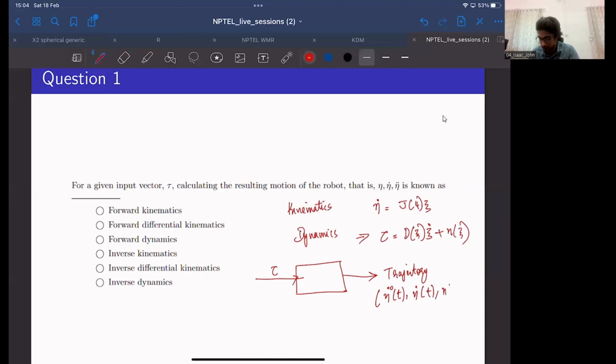So if the time response of torque is given, finding out the trajectory is what we call the forward problem or the forward dynamics.